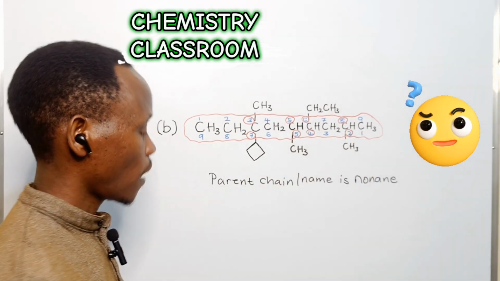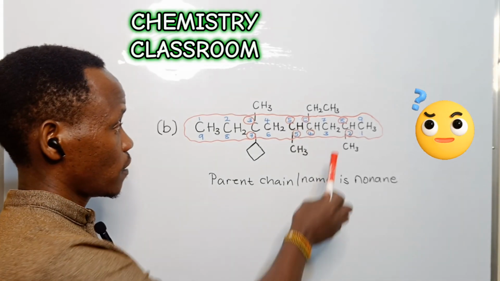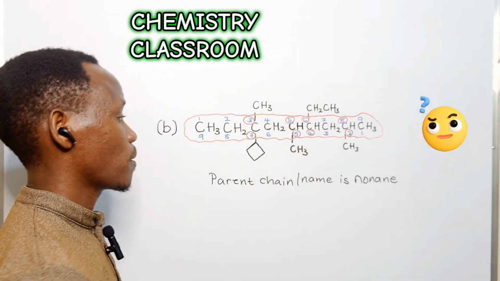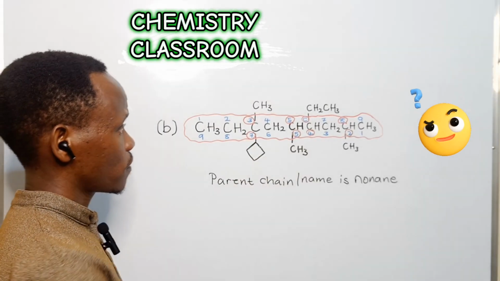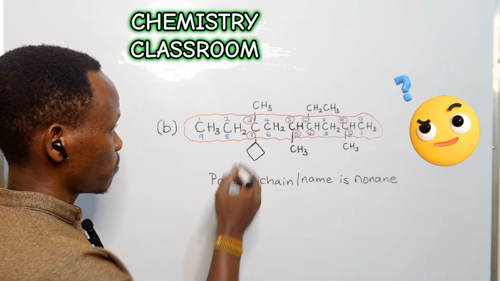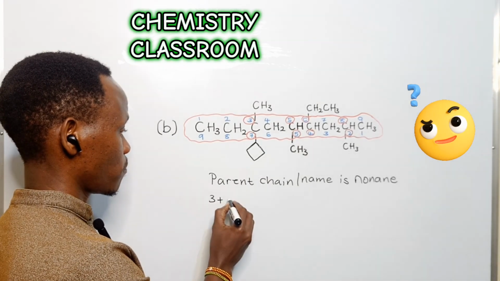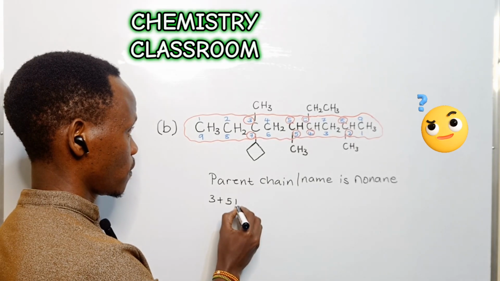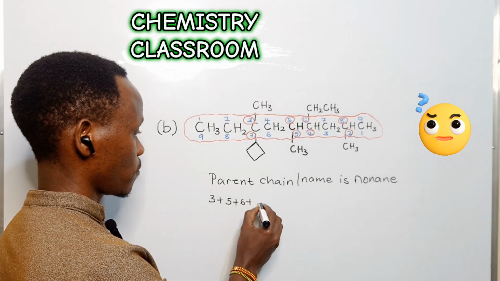These numbers are locants because they give us the position of the substituents on our parent chain. And we continue and compute the sum of the numbers there. So to sum them up, we have 3 summed up with 5, summed up with 6, and finally summed up with 8.